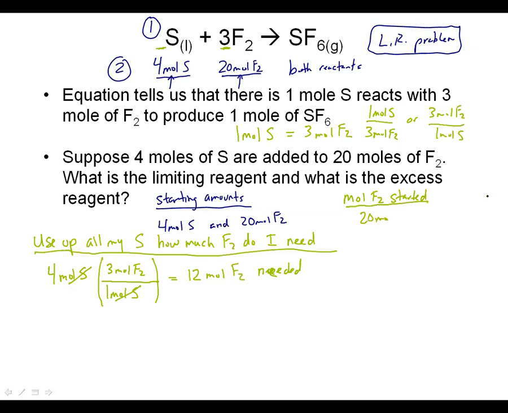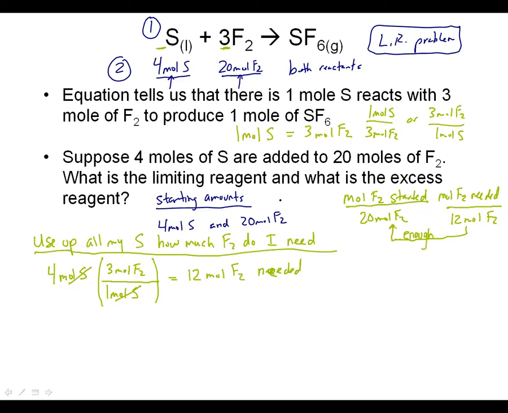This calculation tells you the moles of F2 that is needed to use up all of that sulfur, which is 12 moles. And you want to compare these two numbers and see if you have enough. And you should be able to see that if you only need 12 and you started with 20, you have enough.